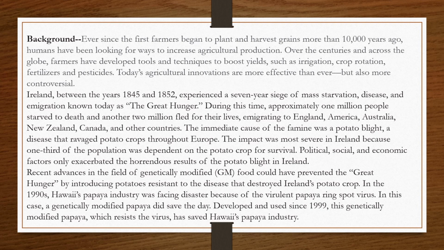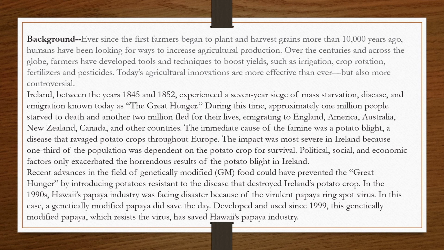Ireland, between the years 1845 and 1852, experienced a 7-year siege of mass starvation, disease, and emigration, known today as the Great Hunger. During this time, approximately 1 million people starved to death, and another 2 million fled for their lives, emigrating to England, America, Australia, New Zealand, Canada, and other countries.